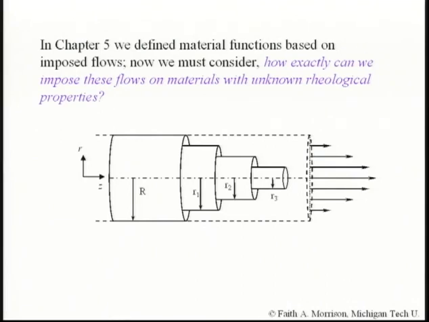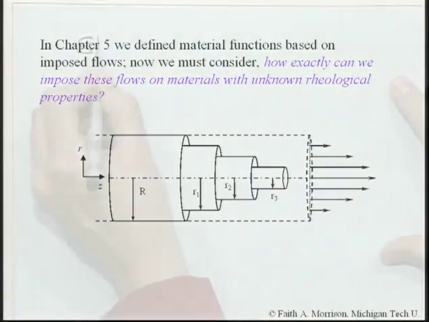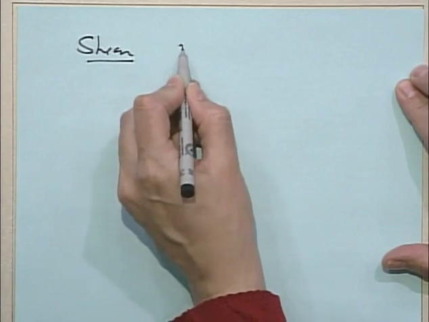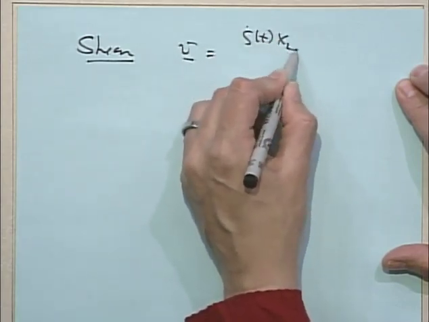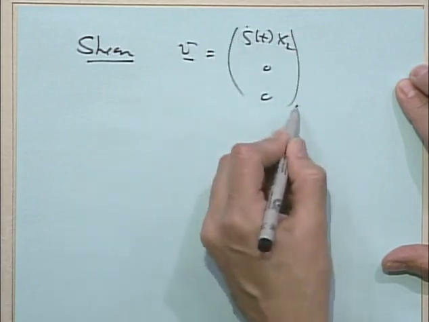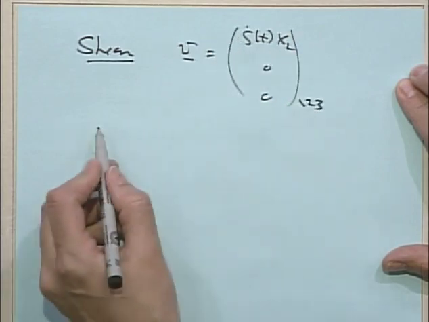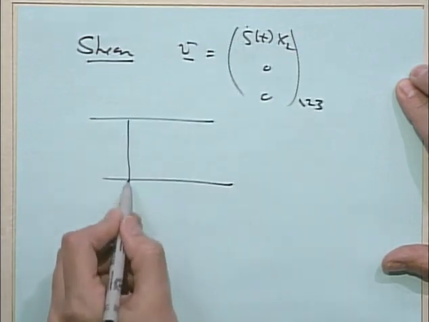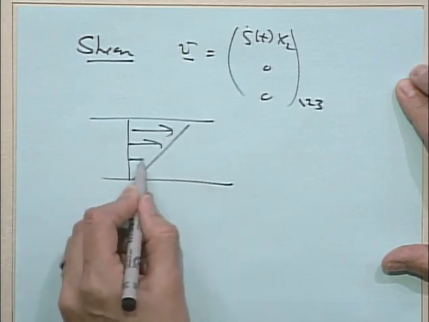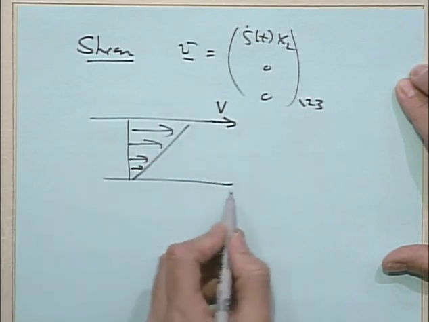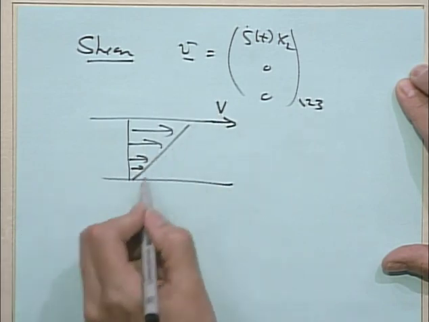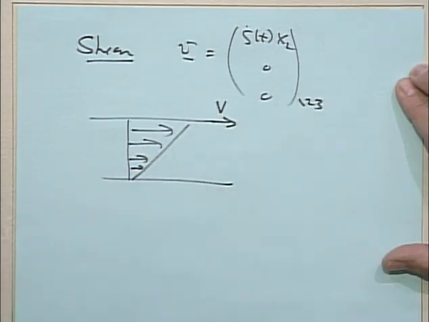We've been always saying that if we have shear flow, we must impose on our samples this sigma dot x200, which we know in the 1, 2, 3 coordinate system is a shear flow that looks like this. If we move this top plate with a velocity v and the bottom plate is stationary, we get a linear velocity profile, which is given by v.